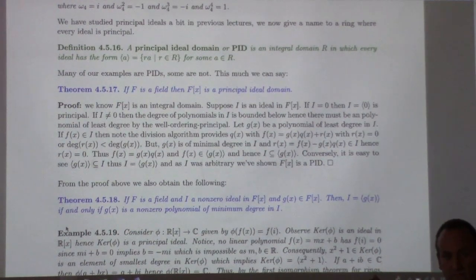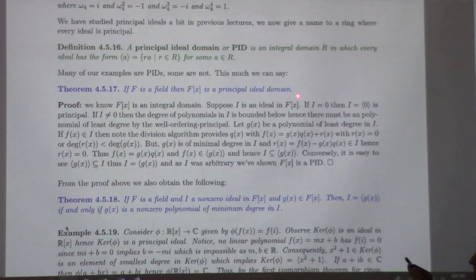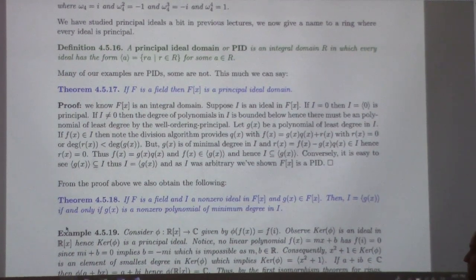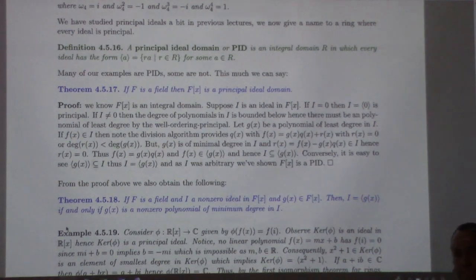That's what this proof says. The rest is just the division algorithm and like a contradiction or something, but that's essentially it. F of x is a principal ideal domain. And then, again, this is essentially from the proof above. What's the generator of that principal ideal? It's the polynomial of least degree which appears in the ideal.